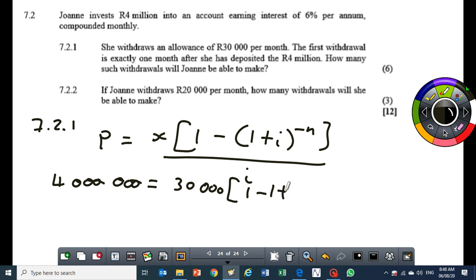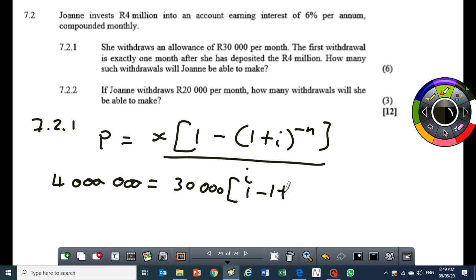But here it is actually like the bank is the one which is borrowing the 4 million. So when are they going to start paying back? In 1 month's time. That's why we don't have to use this P value together with the compound interest to get a new amount which includes interest.